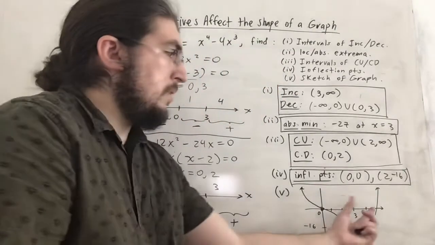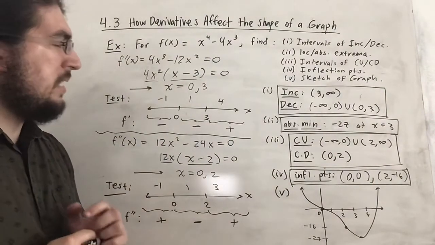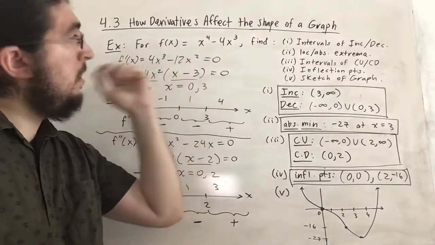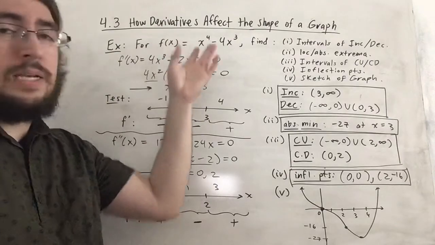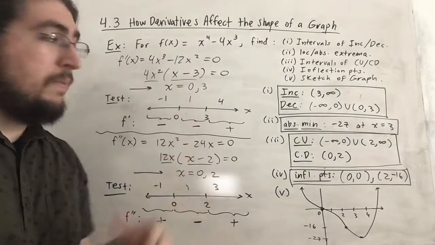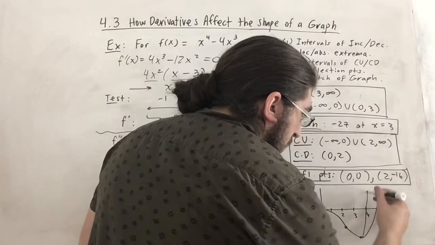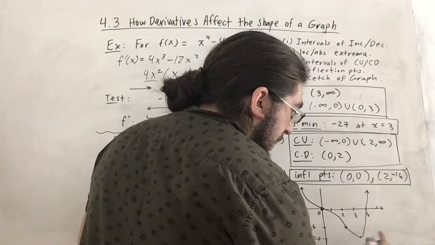Now I'm not super precise on where it actually passes through the x-axis. We could actually find the x-intercepts. Well, it actually is at 4, you can see that. Because if you pull out x to the third, you have x to the third times x minus 4, and when x minus 4 is 0, that means x is 4. So really, to be a little more specific on the graph, I should have realized that ahead of time. But that's okay.